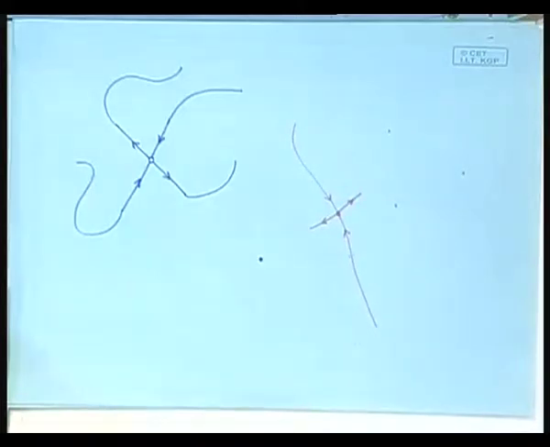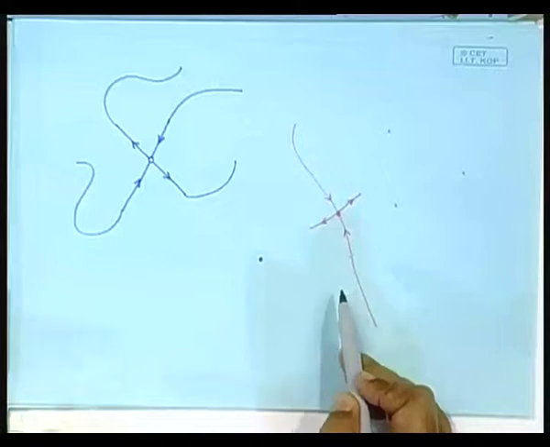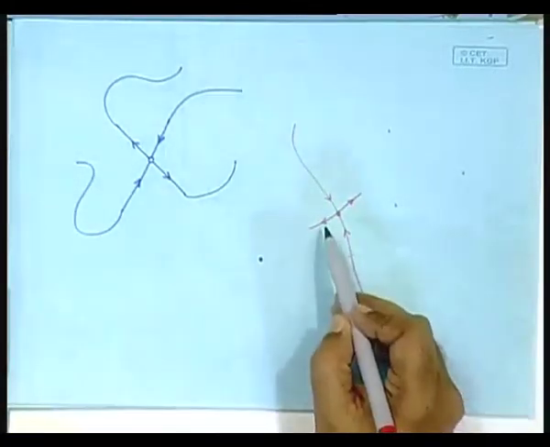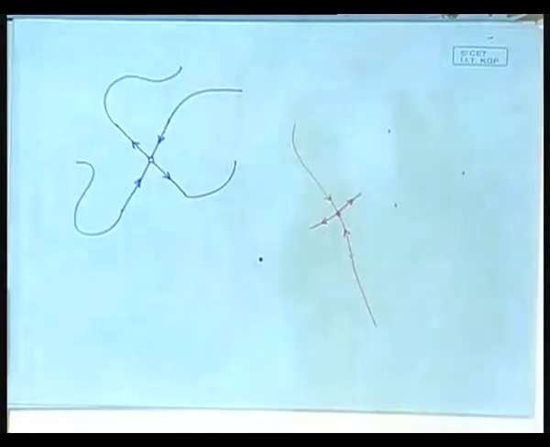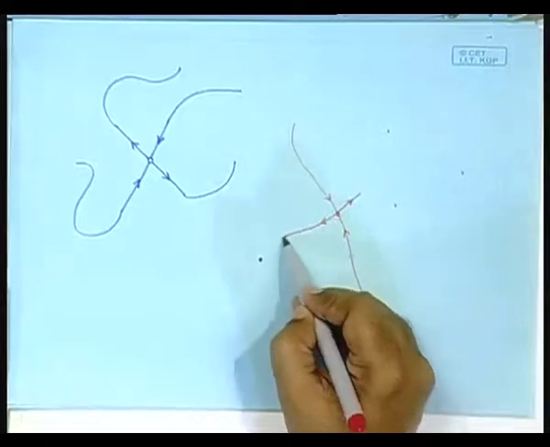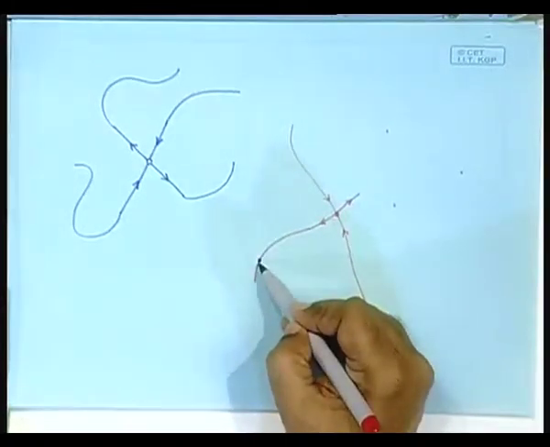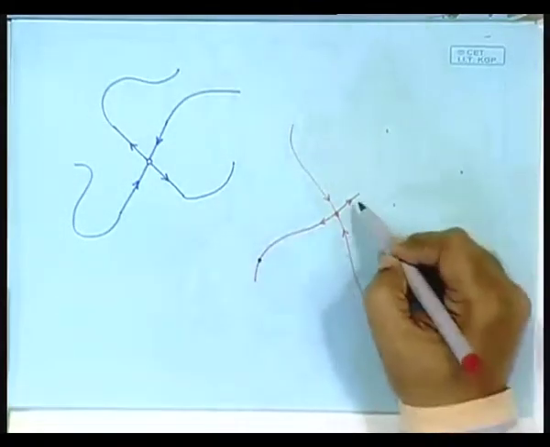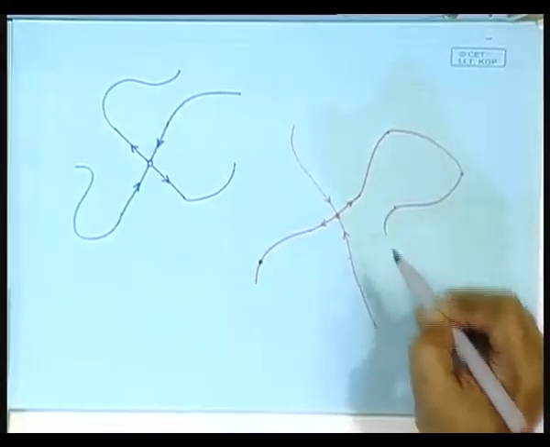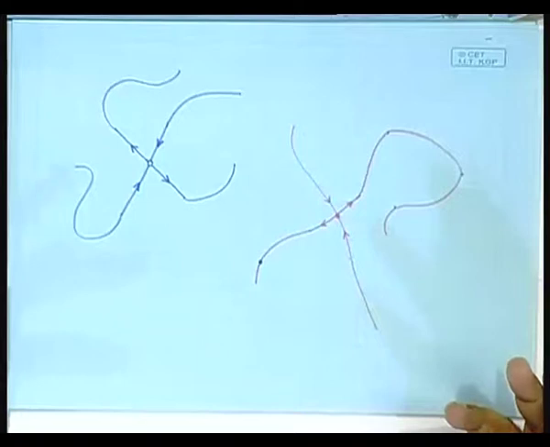right. And the consideration that I just said, that all the stable attractors must be sitting on the unstable manifolds, means that this fellow must be sitting on the unstable manifold, and these guys also must be sitting on the unstable manifold, there is no other way.